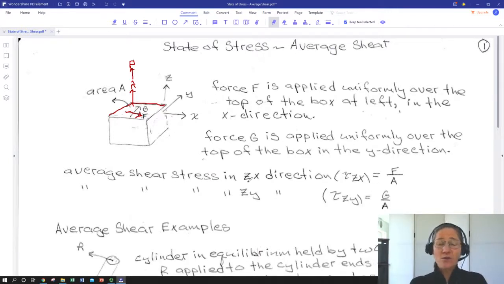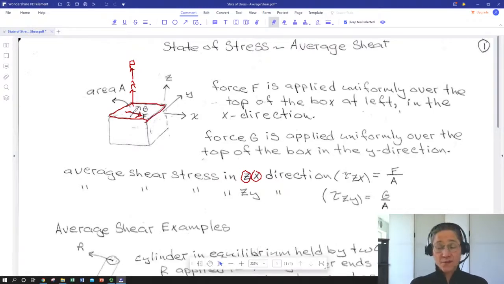So here's a new convention introducing shear: we have the surface it's acting on, or the surface normal to it, and the direction it's pointing in. We're on the z face, with a force pointing in the x direction, which creates a shear zx. The magnitude of that is the magnitude of the force F divided by the whole area of this face.